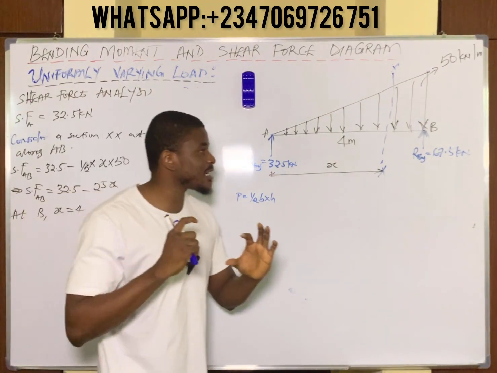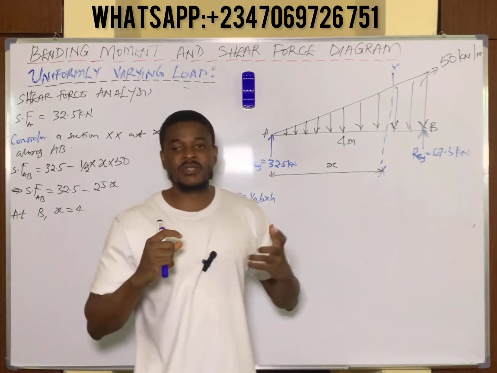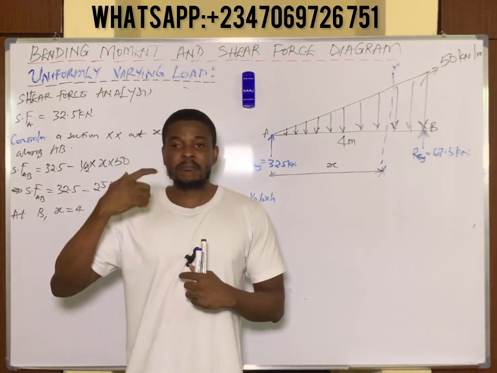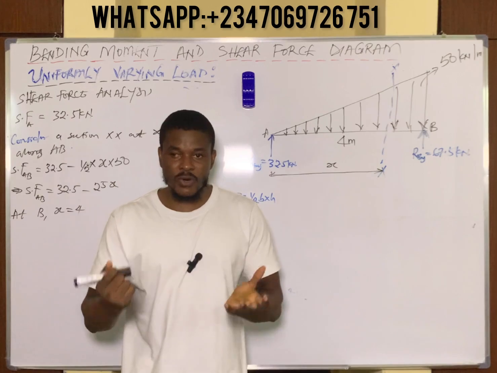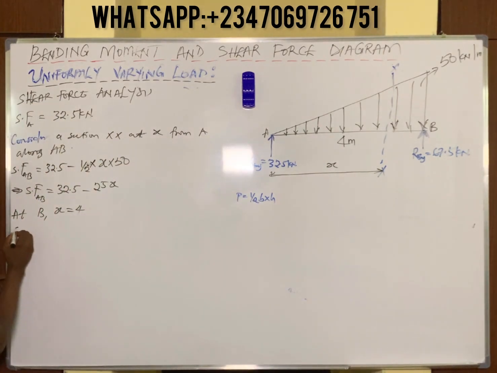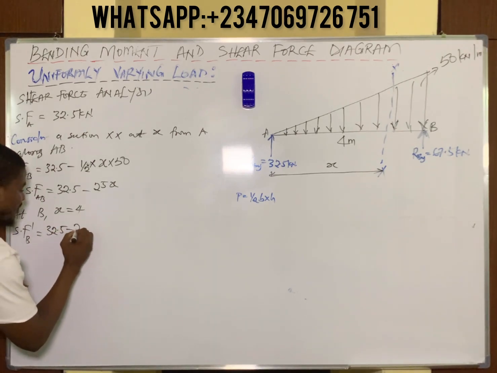But you have to consider that at point B, we already have a force there. Since we have a force there, you have to make a short note. This is going to be at B prime, which means initially at point B, the shear force becomes 32.5 minus 25x.